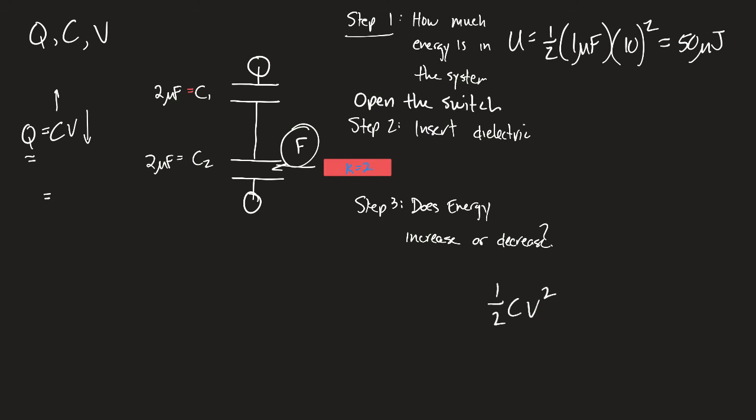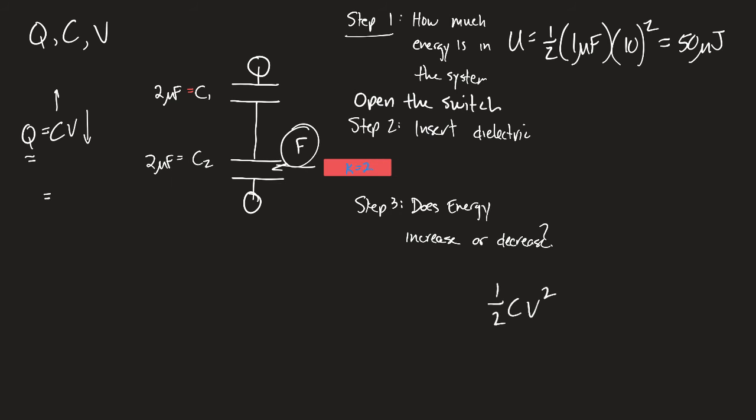So the energy is cut in half because the one capacitance doubled, but the voltage across that capacitance is cut in half. We square the half, so we're going to get half the amount of energy. But, go ahead. Well, let's see.